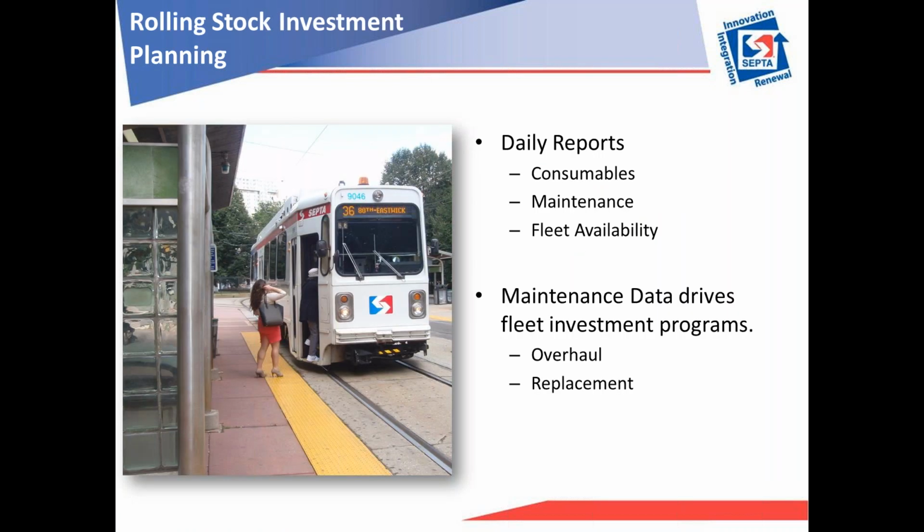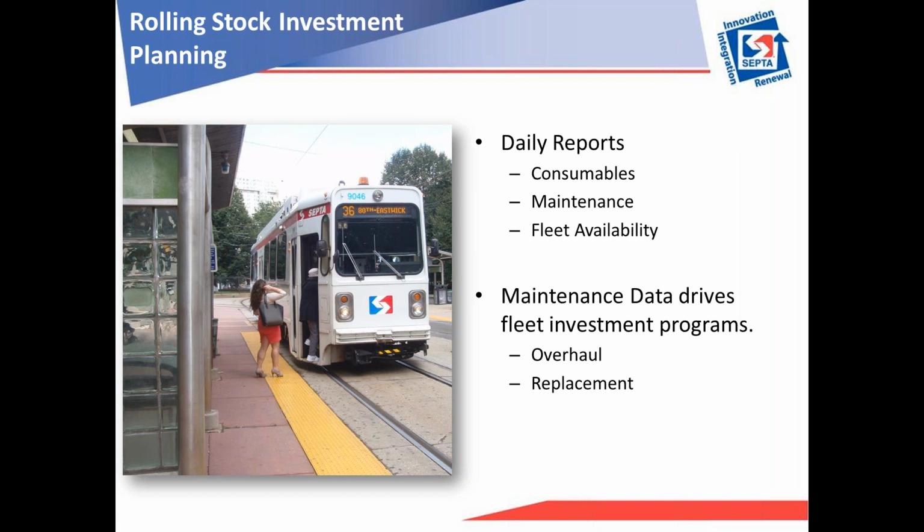So let's talk about these systems. We talk about how we're collecting a lot of data. What are we doing with it? We'll talk a little bit about how we deal with it on the rolling stock side of the house. We've had the maintenance management system in there since the early 90s, and we use a lot of that data very heavily to drive not only our daily operations, but also to develop what our overhaul program is.